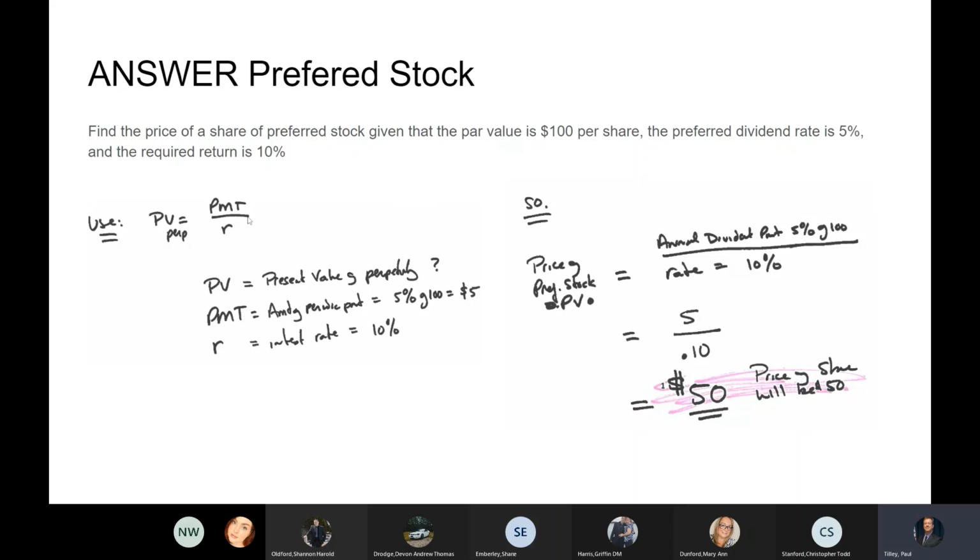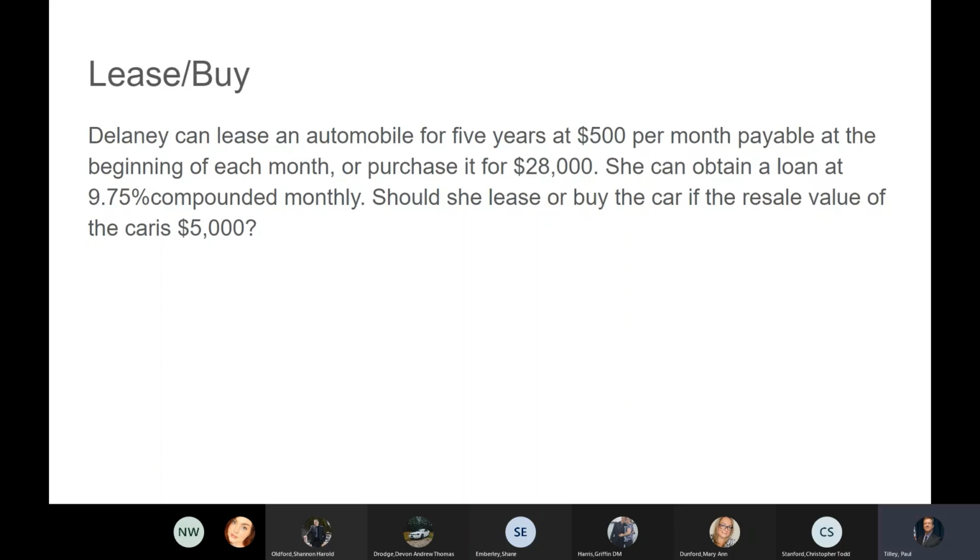The preferred dividend rate is 5% on $100, so that's $5 per share. And we do know the rate is 10%, so 0.10. So that's 5 over 0.10. So the price per share is simply $50. So that's for calculating preferred shares. Any questions on that one?